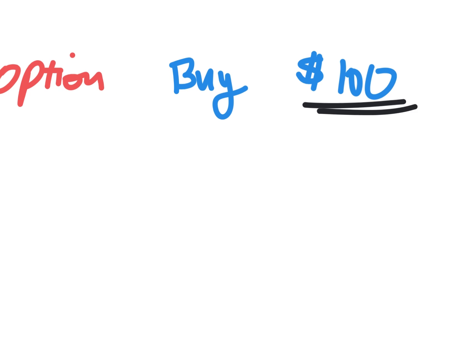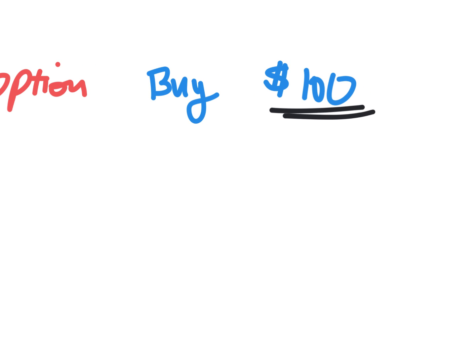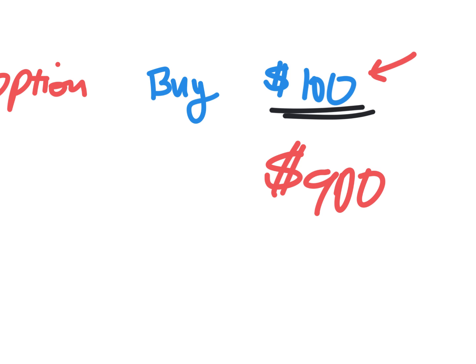So if NVIDIA is about to go up in value a lot because they launch these bots, and all of a sudden NVIDIA is worth $900 a share a couple years from now, and you still have the option to buy it for $100, wouldn't you be happy you have that option when it's worth $900? Be like, yeah, that's a great deal.